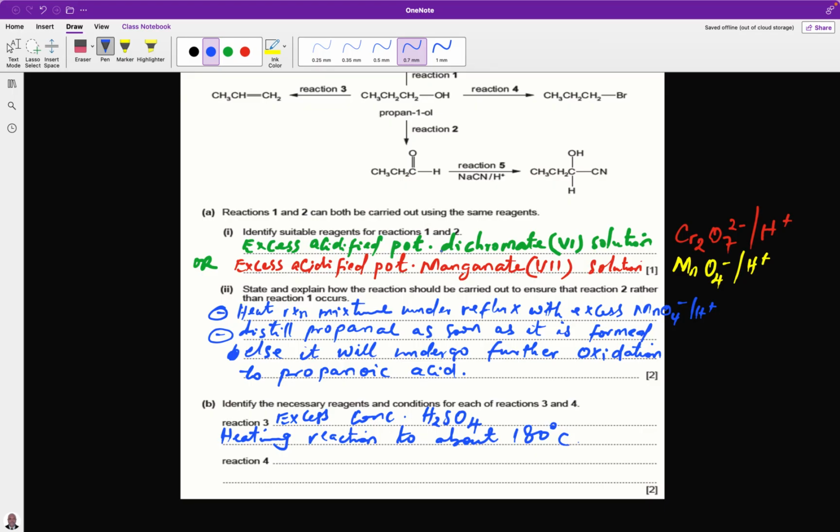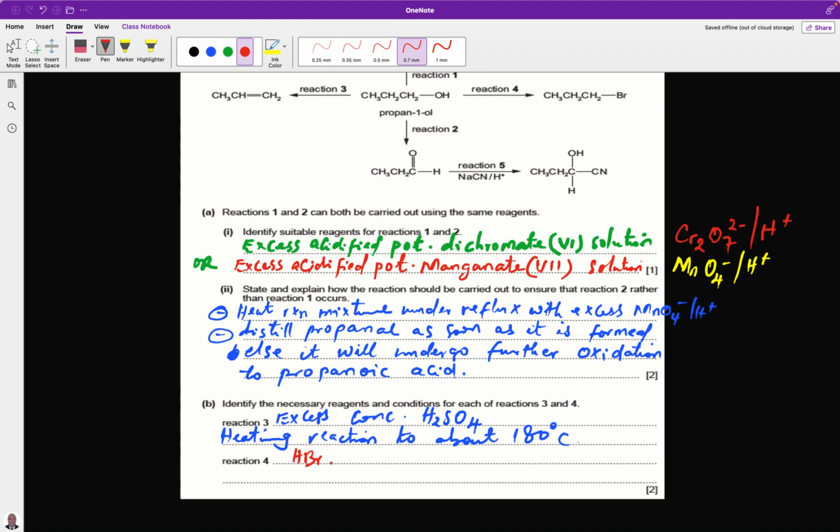Here it is bromine, so we can use hydrogen bromide as our reagent. You can also use phosphorus halides, such as phosphorus pentabromide or phosphorus tribromide, but in this case we have decided to use hydrogen bromide as our reagent.